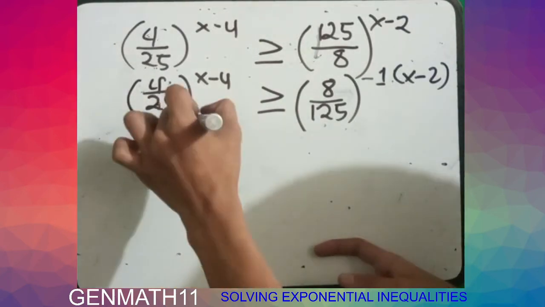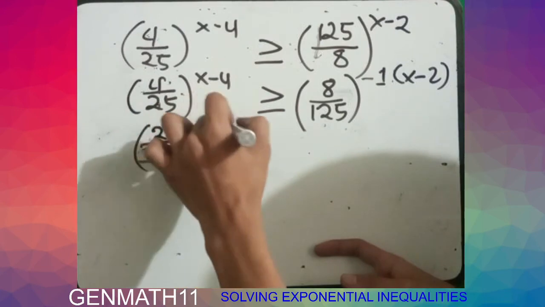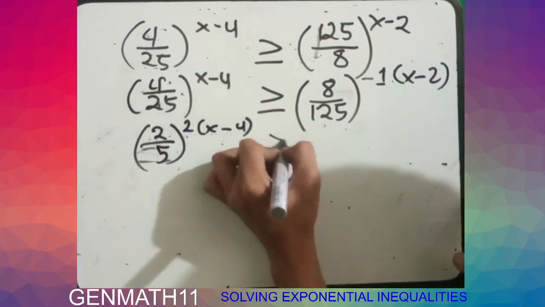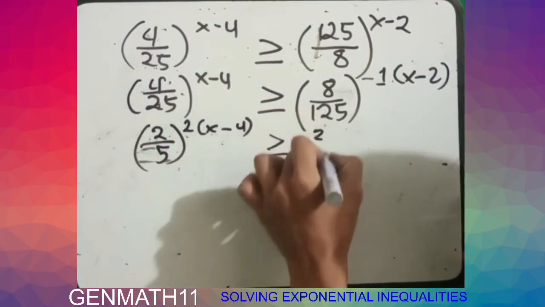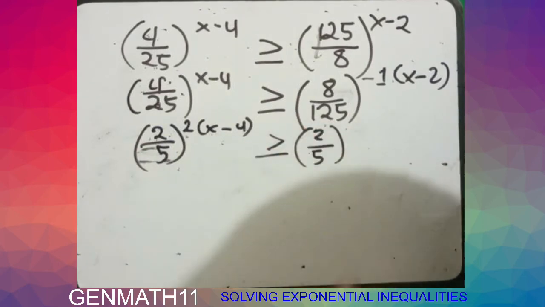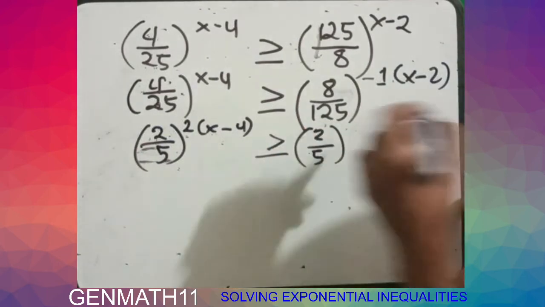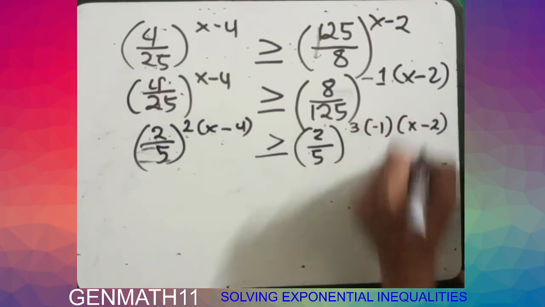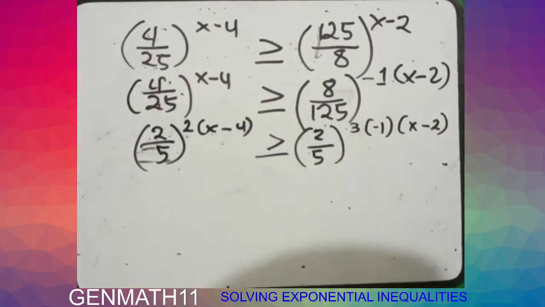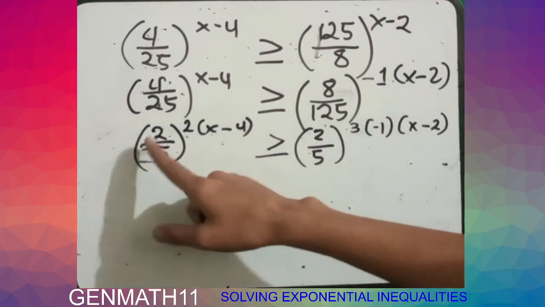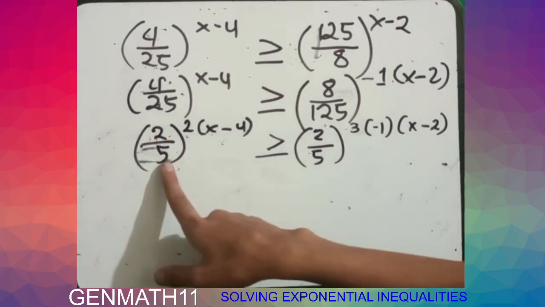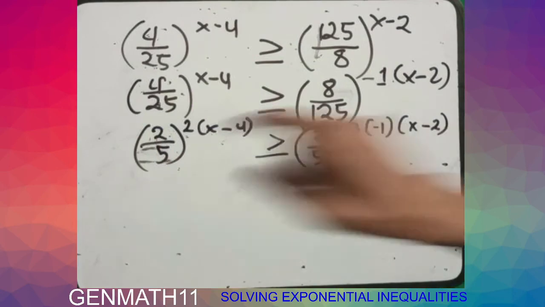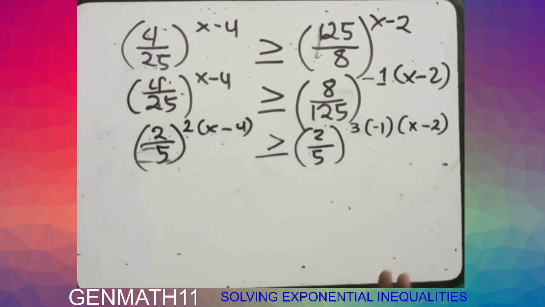So, raise natin 2. Diba, 2 times x minus 4 is greater than or equal to 2 over 5 raised to 3 times negative 1 times x minus 2. So, next, tingnan natin si 2 over 5. Since ang ating numerator is mas mababa kay 5, parang ang kalalabasan niyang sagot is less than 1.